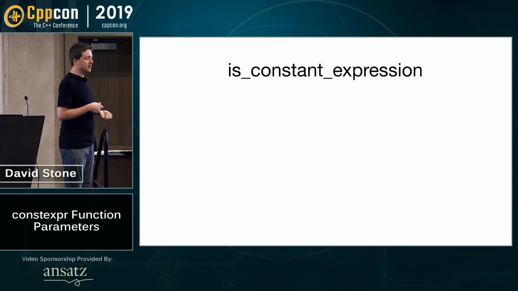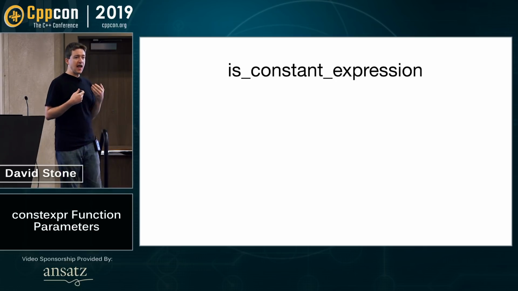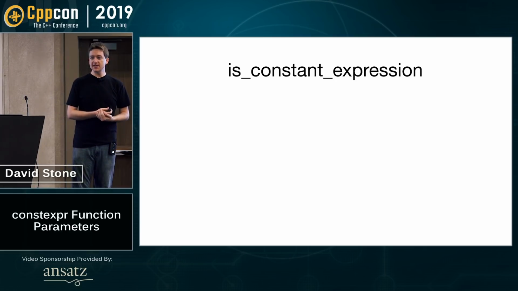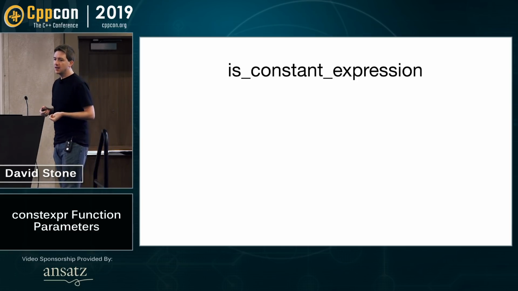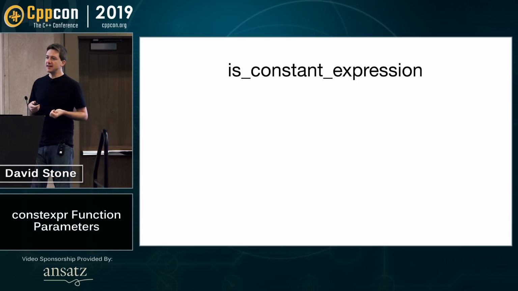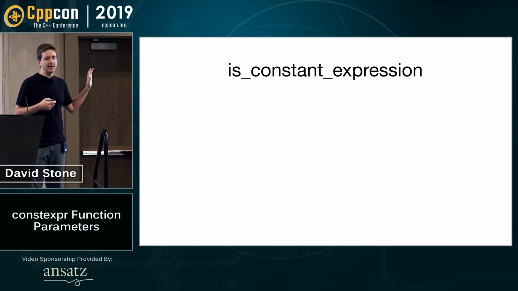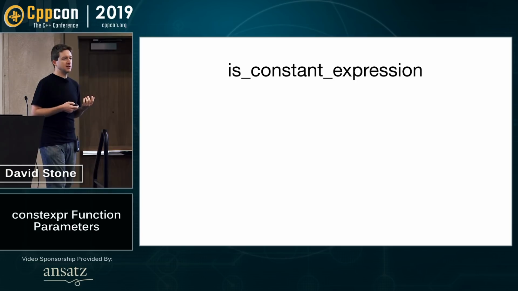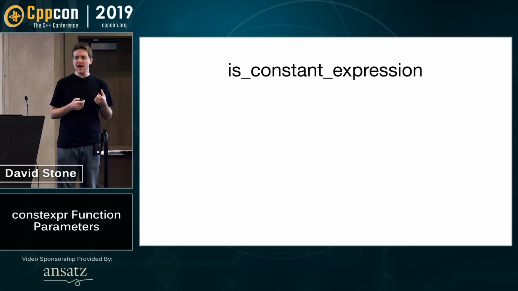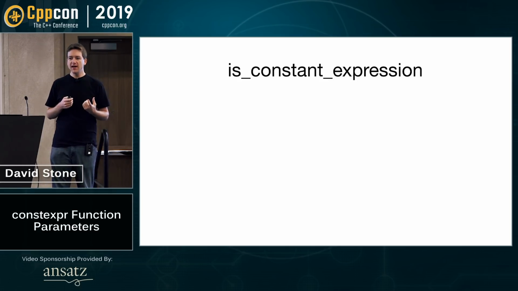Then an additional thing is I'm proposing adding a new function, is_constant_expression. You give it an expression, and it tells you, is that a constant expression? And it turns out that it's not actually possible to write this in C++ today generally. You can write an is_constant_expression that works in some cases, but not others, and the reasons for it are really strange.